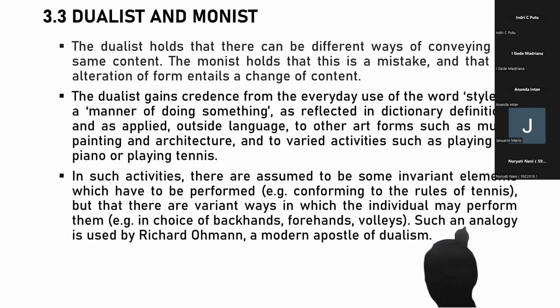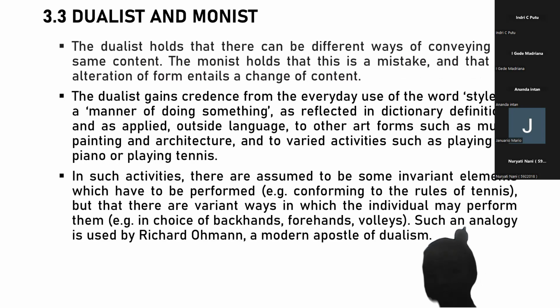Okay, here I will describe dualist and monist specifically and comprehensively. The dualists hold that there can be different ways of conveying the same content. The monists hold that this is a mistake and that any alteration of form entails a change of content.